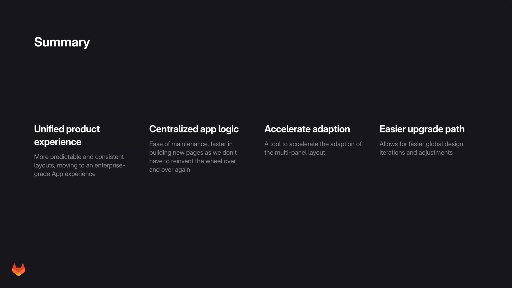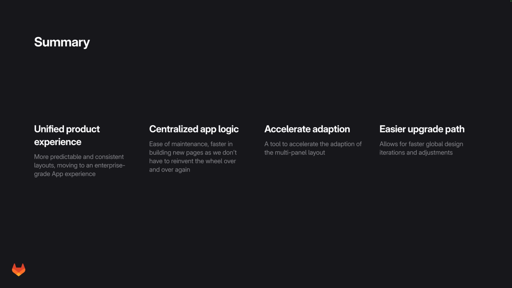We can also use that as a tool to accelerate the adoption of the multi-panel layout, right? That was one of the restrictions of Project Studio, for two reasons. One was timing, the other was that work items was just fully migrated to Vue. So it was way easier for us to adapt to a multi-panel layout, whereas other parts of our product lag behind that.